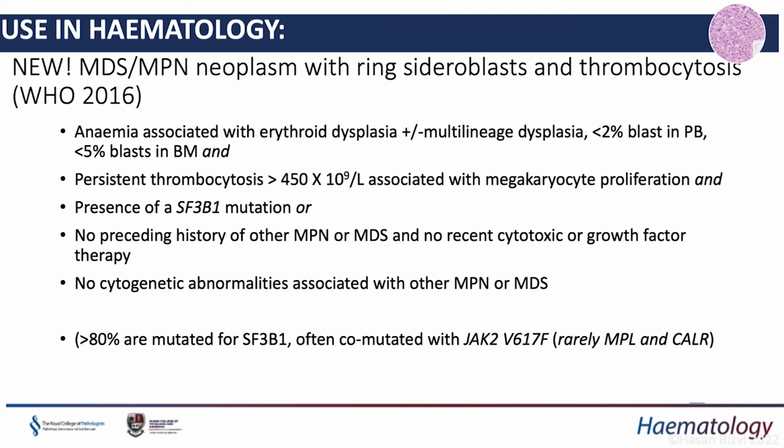Now, in the new WHO classification, there are definitions which include molecular criteria, which you can see on this page. The third bullet point is an SF3B1 mutation, and exclusion criteria where you've not got any other coexisting disease in terms of counts or cytogenetic abnormalities.